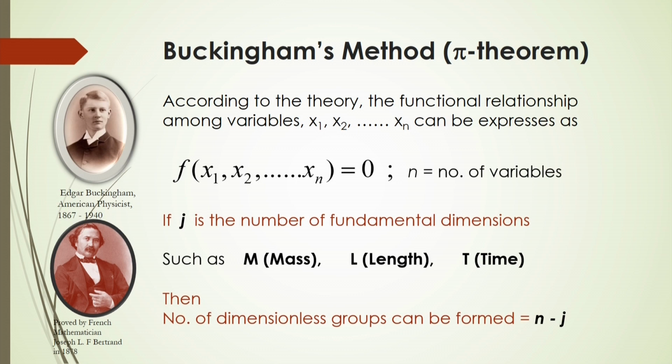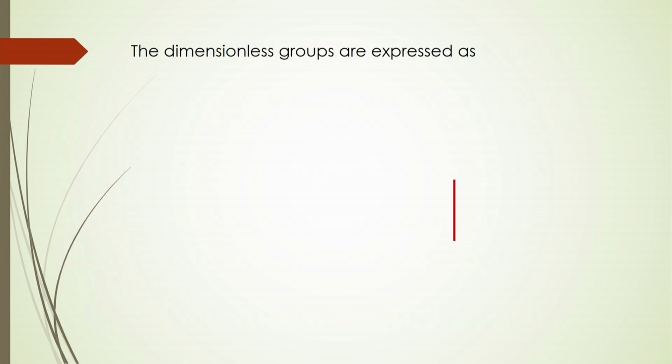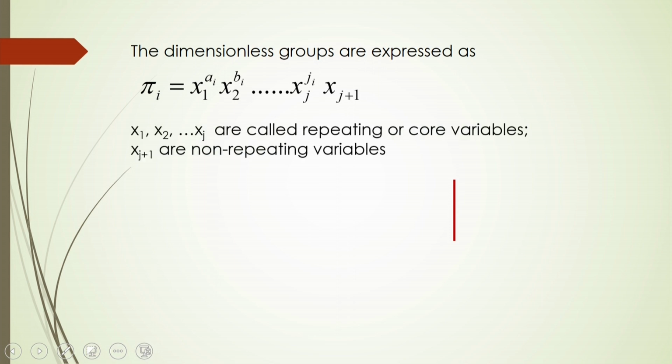the number of dimensionless groups that can be formed is equal to n minus j, and the dimensionless groups are expressed as phi i equals x1 to the power ai, x2 to the power bi, and up to xj to the power ji, into xj plus 1. Very interesting that this pi i is the ith dimensionless group or dimensionless number.